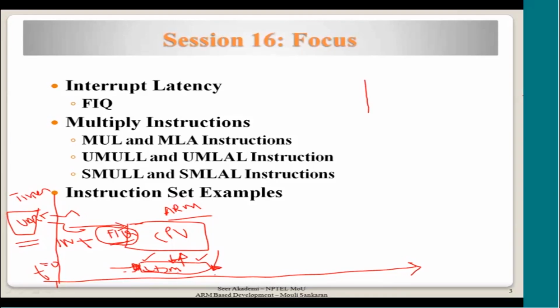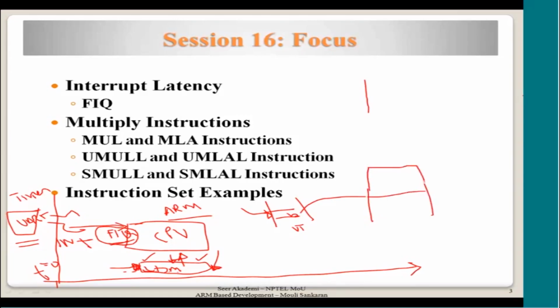Responding to the interrupt means it has to go to the interrupt vector table, and based on the FIQ interrupt, it will have an entry in the vector table to say it has to branch to the subroutine, which is an ISR.